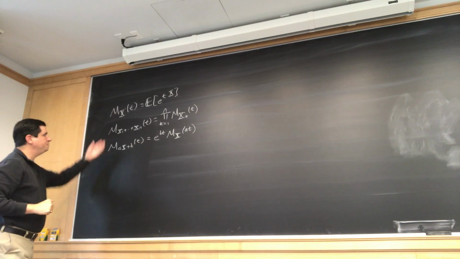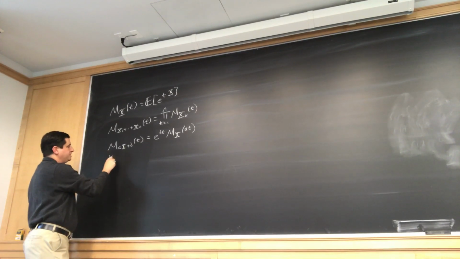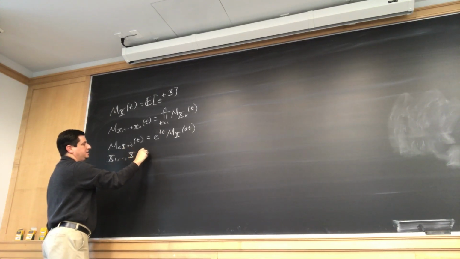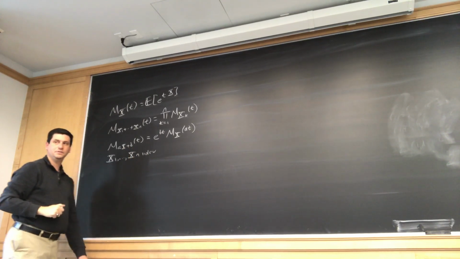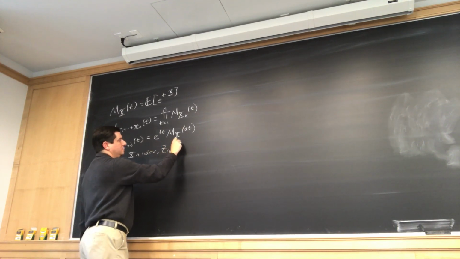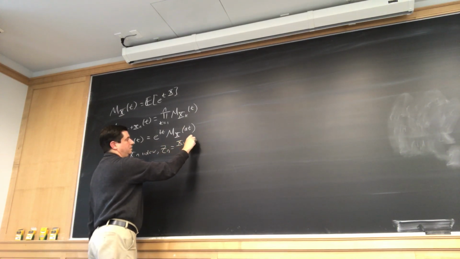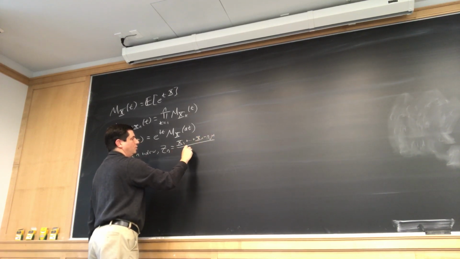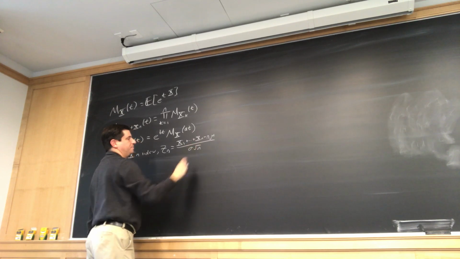And so by putting a bunch of pieces together, if we say x1, ..., xn are iid random variables, and let's say Zn is x1 plus ... plus xn minus n times the mean, over sigma square root of n.